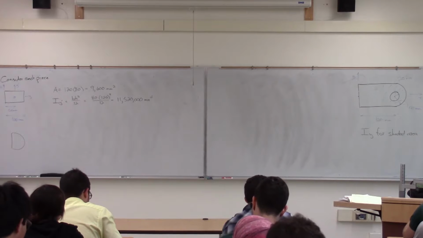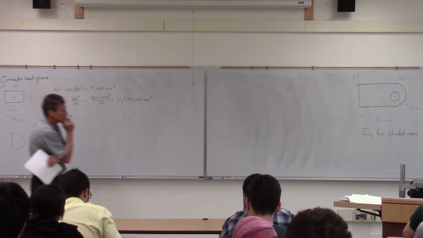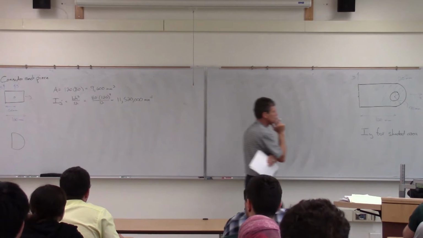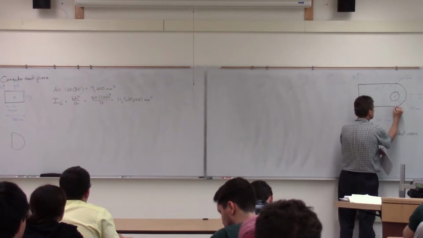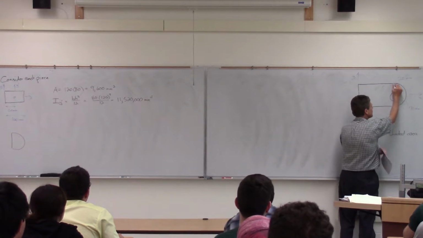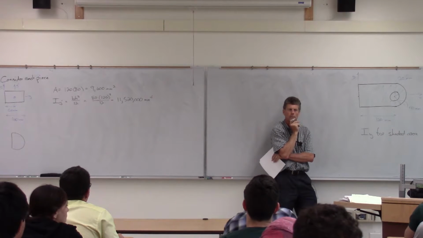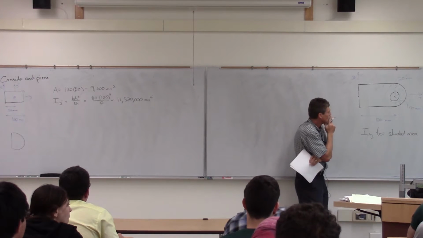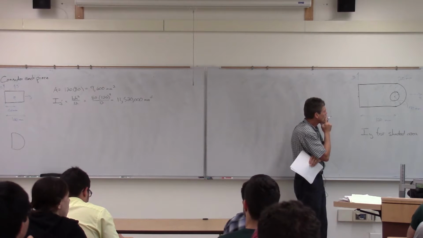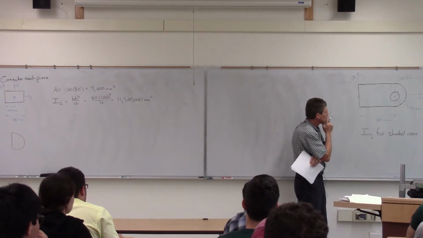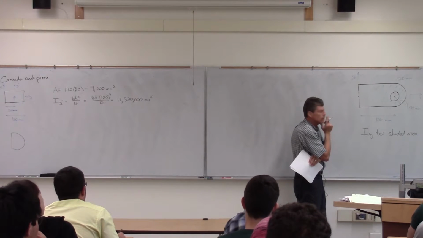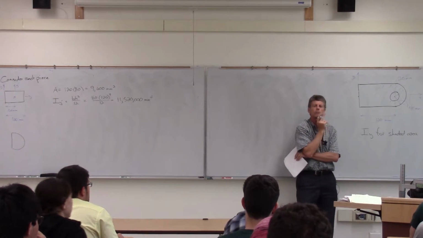If the length of the box is 120, wouldn't there still be a semicircle in that rectangular box? No, it's 120 here, and then I slap the semicircle on the end there. He means you're including the semicircle, and you're going to subtract that out eventually. Not yet, we're going to add that. Yeah, I'm going to subtract that out later.